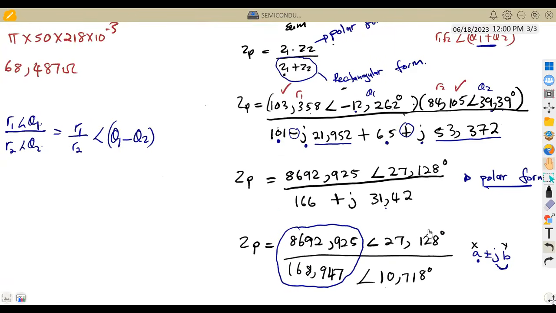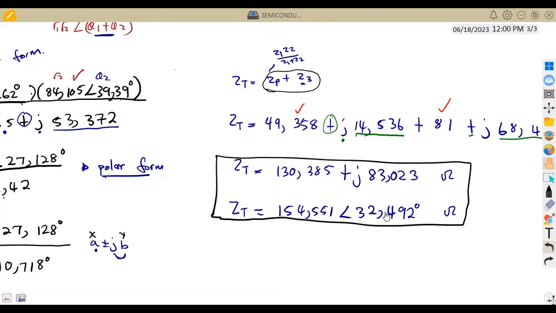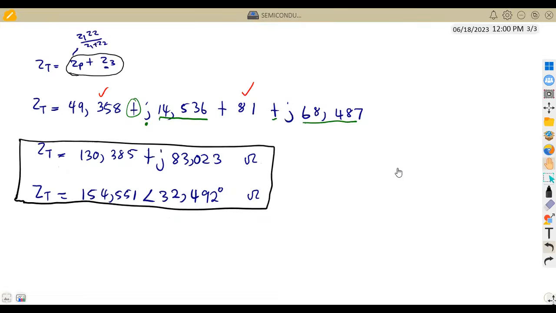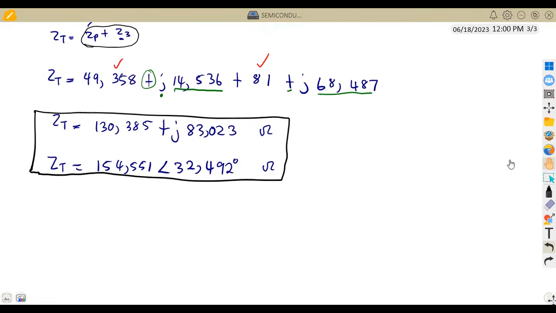All right. So let us use our ZT to find IT in this case. From this ZT that we have, the total impedance, our total current, which is the current across R3, is going to be equal to the total voltage over the total impedance in this case. And our total voltage, it was 230 at an angle of 0 degrees. All right. Divided by the total impedance, this one that we got.